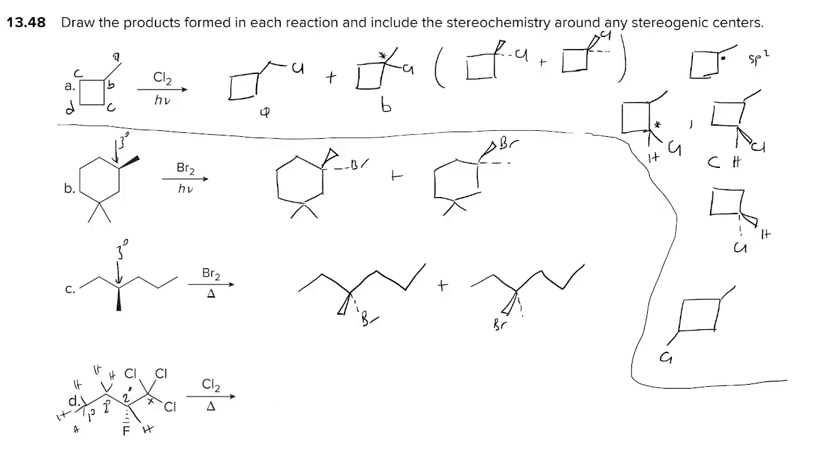So let's start from the primary one, from this end, and I'm going to label this one as A, this one as B, this one as C. Let's start from A, from the left side.